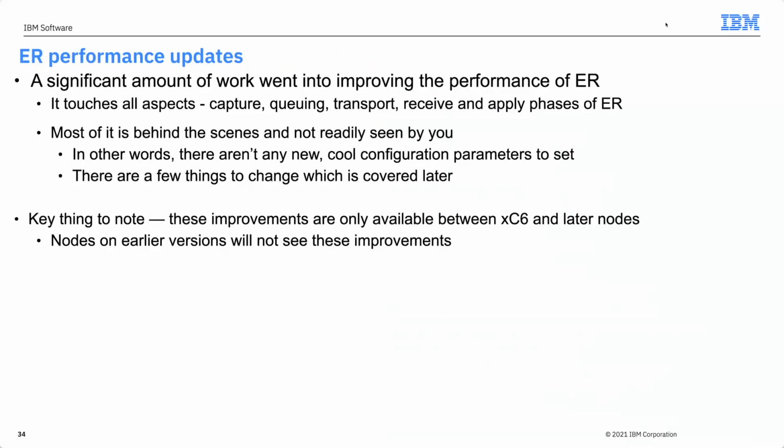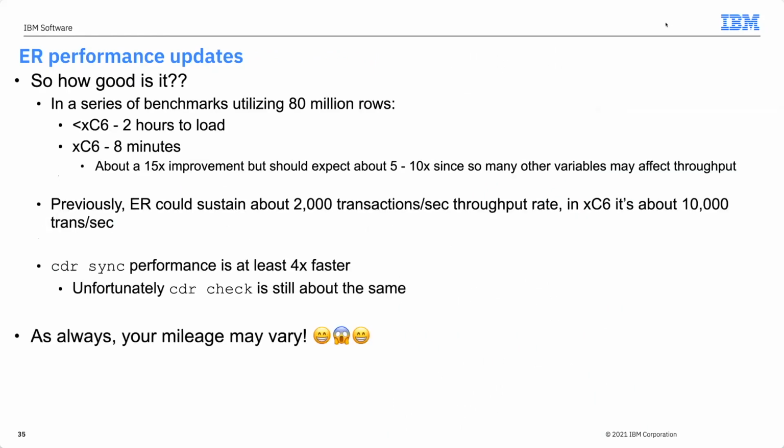Scott already talked about ER performance. It's just wicked, wicked fast. And it's wicked, wicked fast in XC6 and higher, because all of the changes that he talked about occurred in XC6 and only take effect between nodes speaking XC6 and higher. If you have a cluster that has XC5 and XC6, you'll use the legacy NIF protocols that he was talking about.